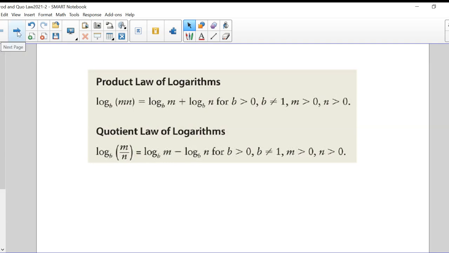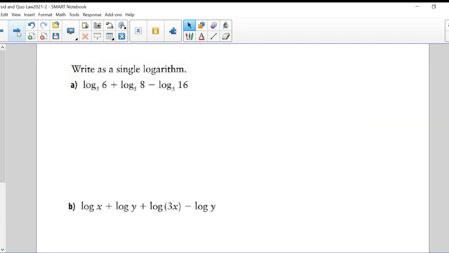Now, let's try to answer some questions with those laws. Write this as a single logarithm. The log base 5 of 6, oh, sorry, my laptop is just falling off the table here. The log base 5 of 6 plus the log base 5 of 8 minus the log base 5 of 16.